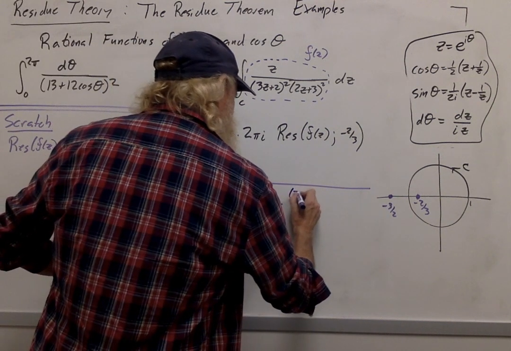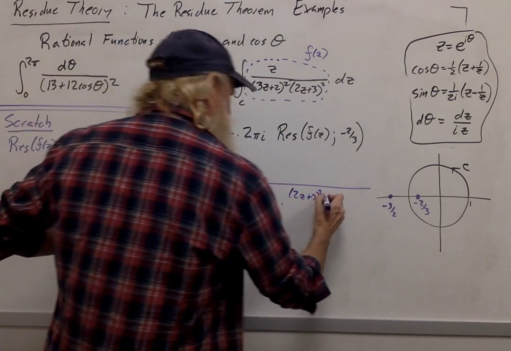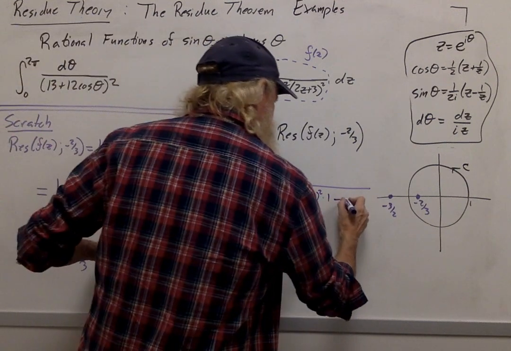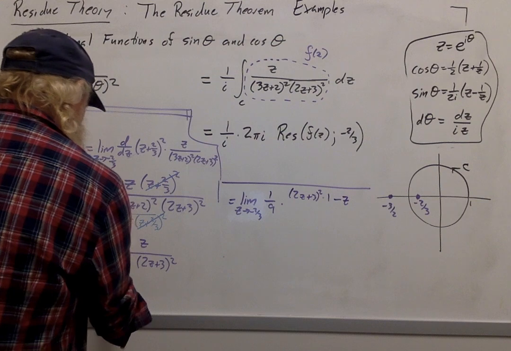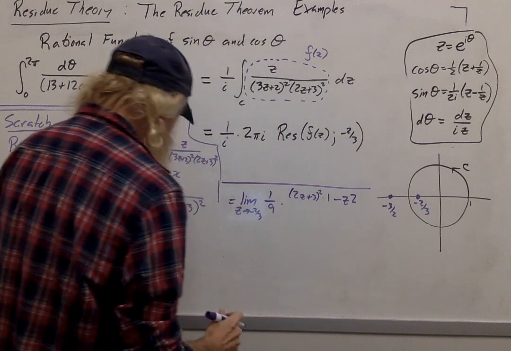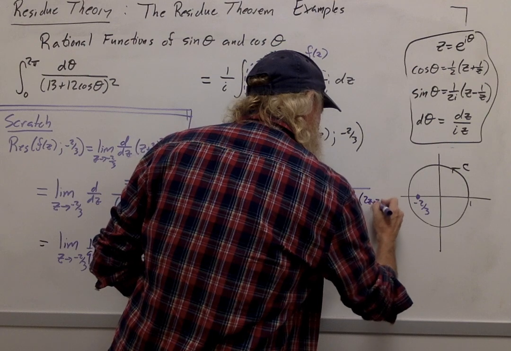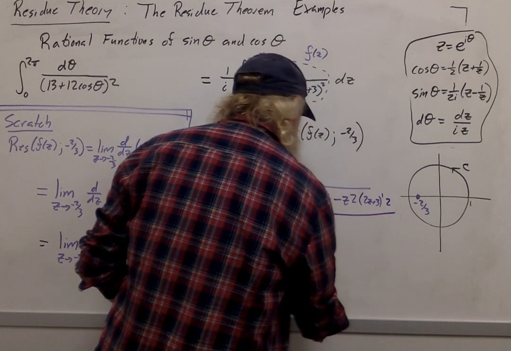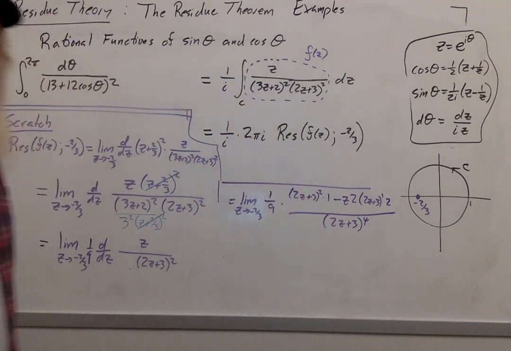Using the quotient rule, I have (2z + 3) squared times the derivative of the top, which is 1, minus the top, which is z, times the derivative of the bottom, which is 2 times (2z + 3) to the first, times the derivative of the inside, which is 2, all divided by (2z + 3) to the 4th power.